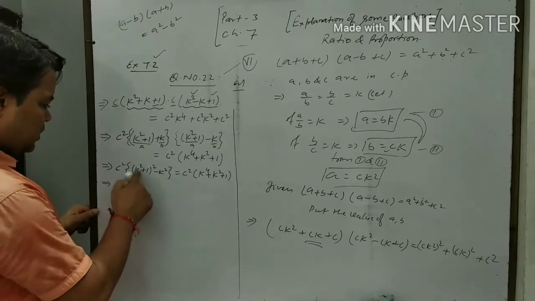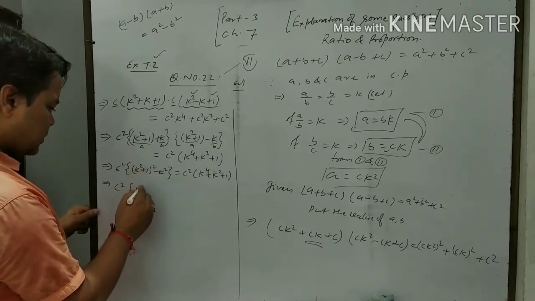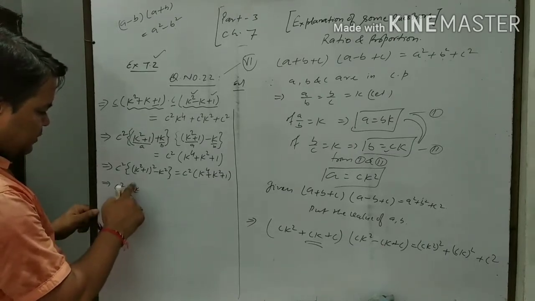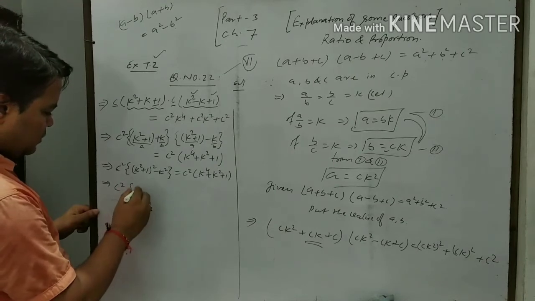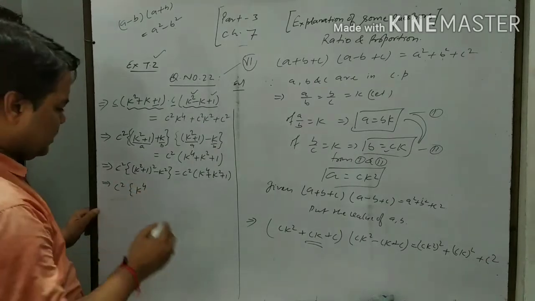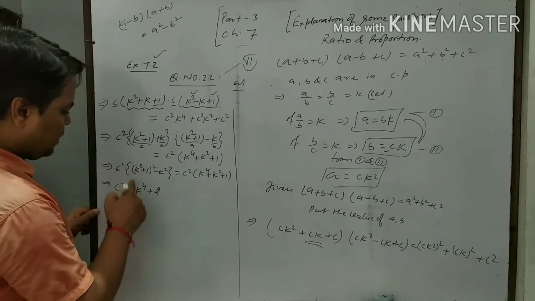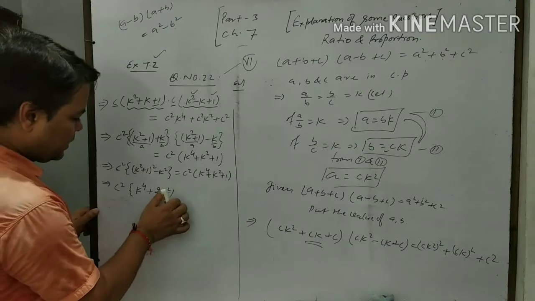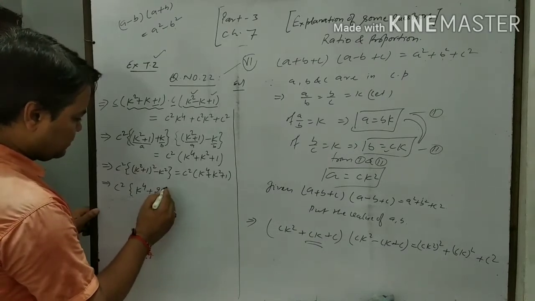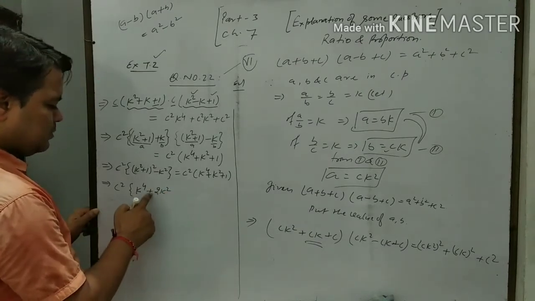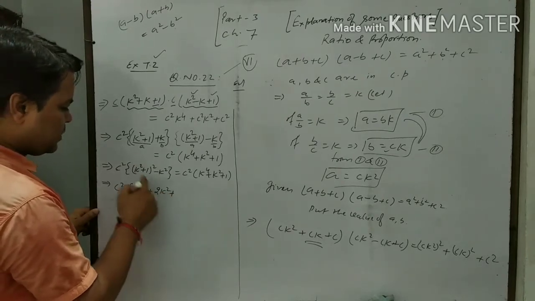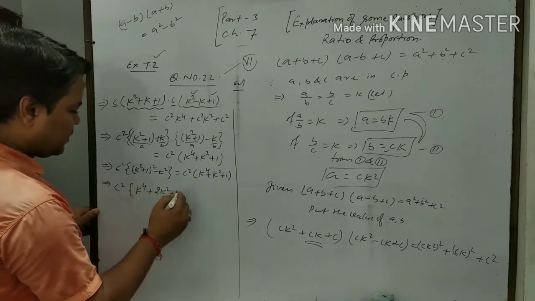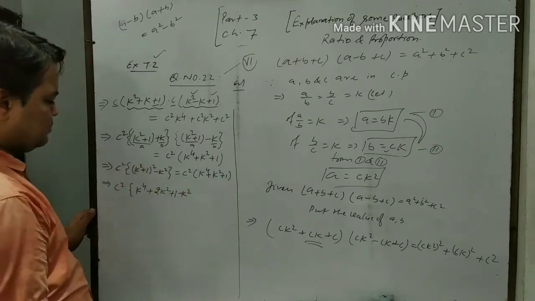K square whole square will be K raised to the power 4, plus 2ab, so 2 times K square times 1, or simply 2K square, plus b square means 1 square. And we know that 1 square is 1. And here minus K square.